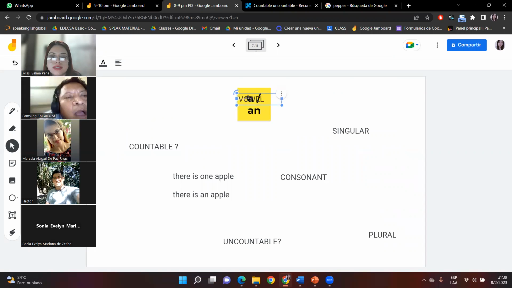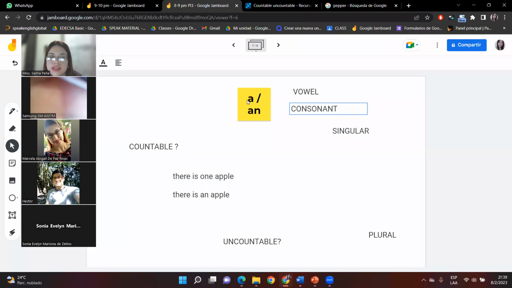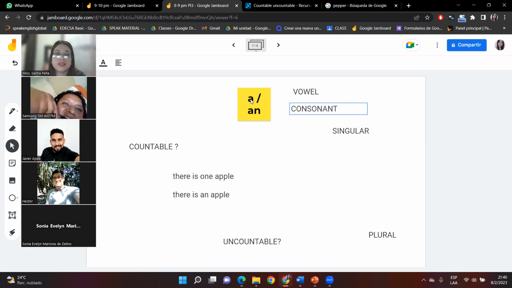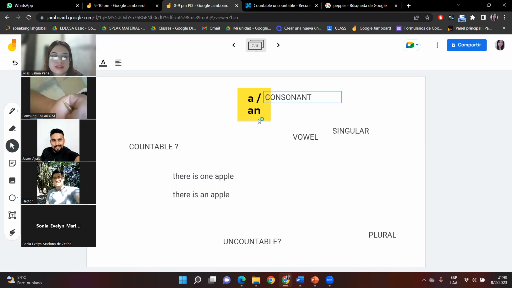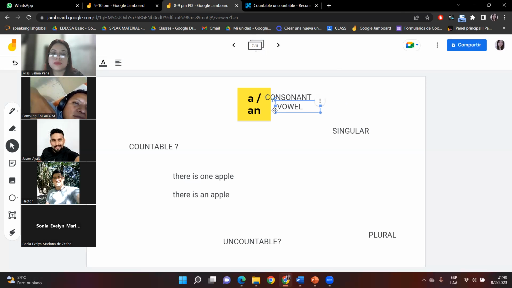Why? If we have this, a or an, okay. First of all, a is when the next word starts with a vowel or with a consonant. We have a for consonant. It's for consonant, exactly. And what about an? It's for vowel.